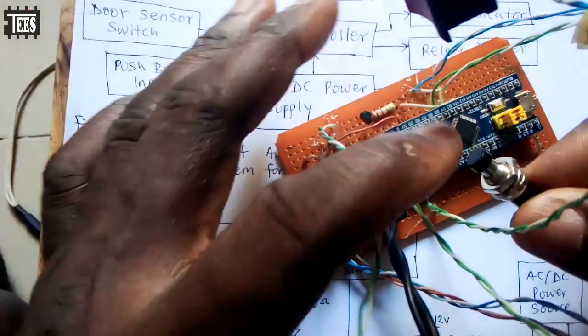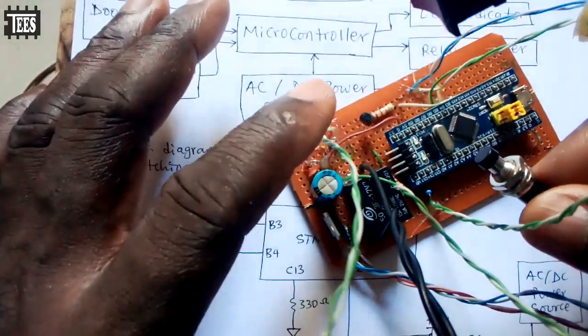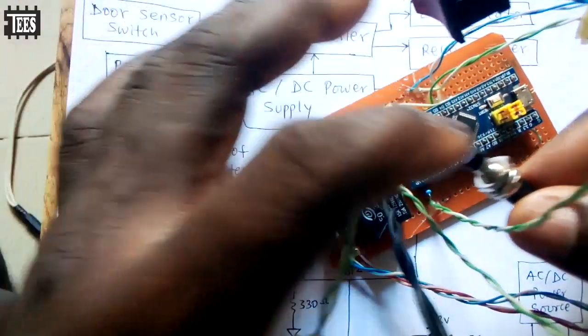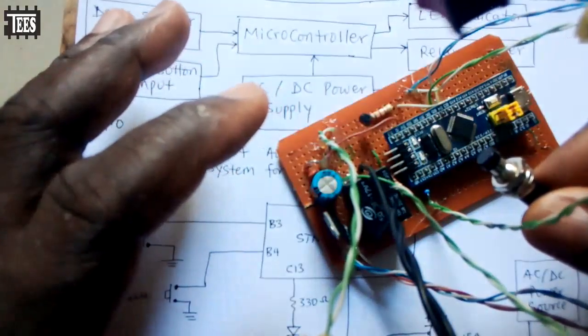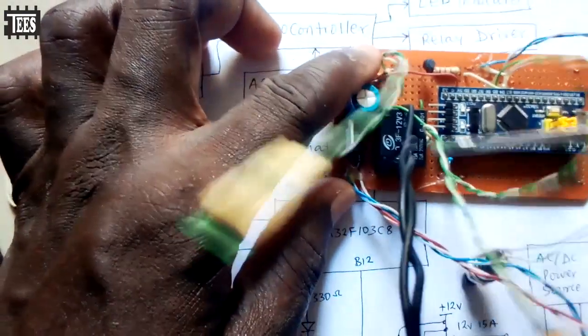You understand? So immediately you press this button, it's not going to turn off the load, to signal this device that you are inside the workshop but the doors are closed. So here we have our relay.